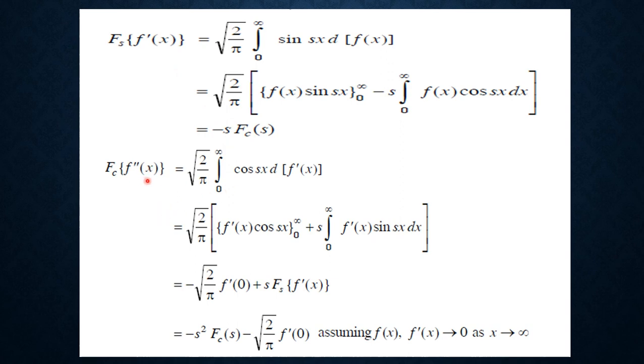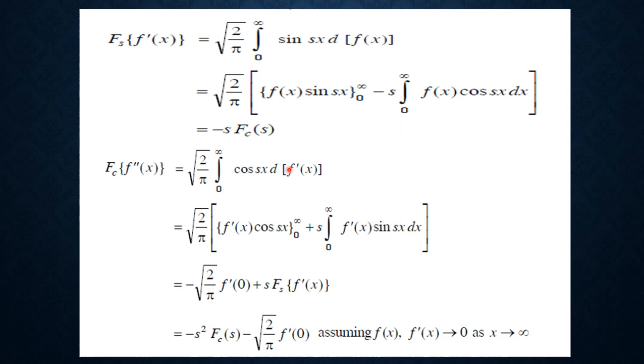Similarly, for the second order derivative, the Fourier cosine transform of the second order derivative of f(x) is equal to root over 2 by pi integral from 0 to infinity of cos sx d of f'(x). Actually f''(x) dx is equal to d f'(x).